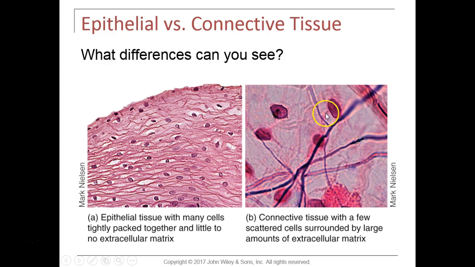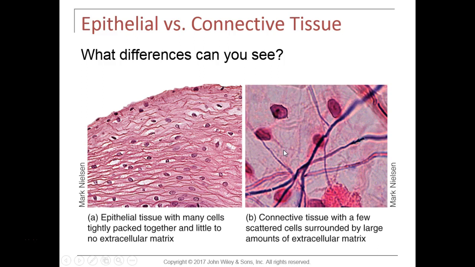That's totally different from connective tissues. In general, connective tissues have few cells that are scattered apart from one another, which means there are larger volumes of space separating the cells. And the larger volume of space is not just empty.